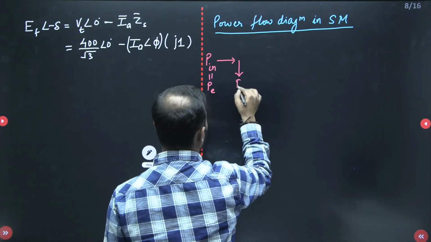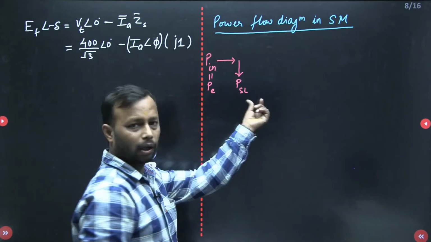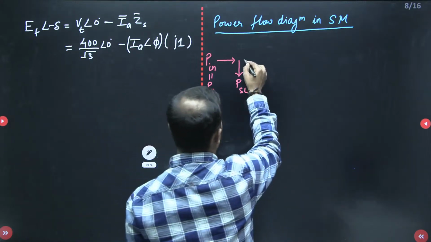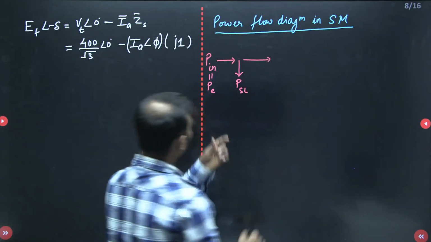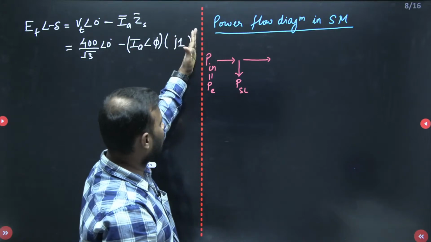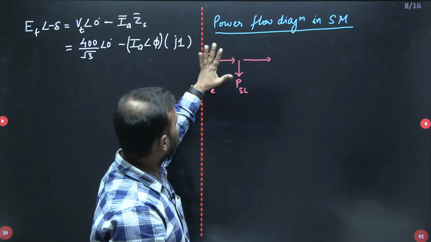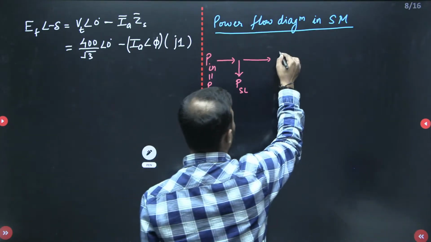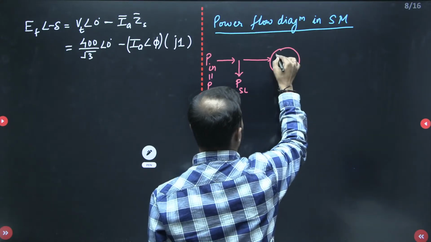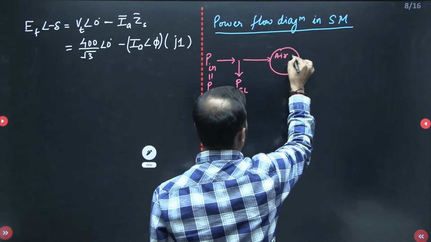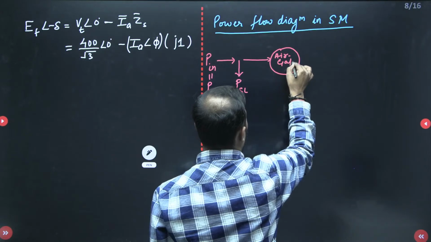So P stator loss, this is the total loss at the stator side. When you subtract the stator loss from the electrical power, we are going to get the air gap power.